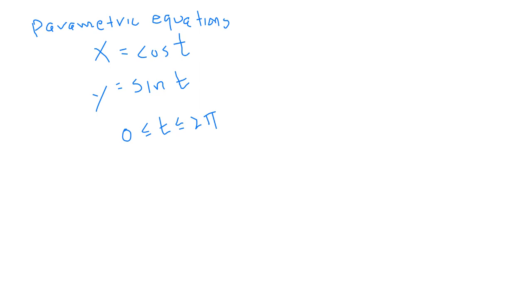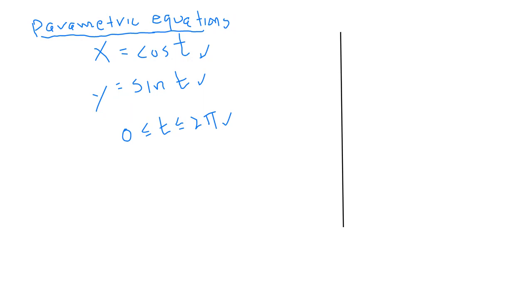I got to erase. But the point is, if you let t vary, you're going to get coordinates x and y, and they're going to trace out a curve in space.